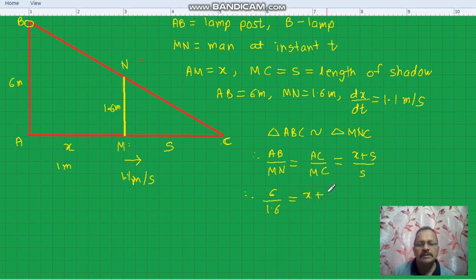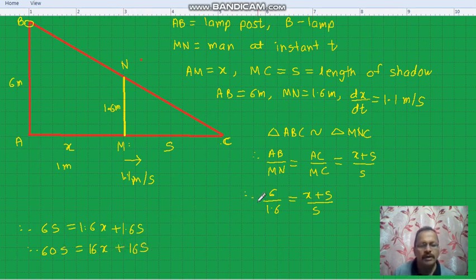x plus S upon S, and therefore 6S is equal to 1.6 x plus 1.6 S, and therefore instead of writing this, I will multiply both sides by 10 to remove this fraction. 60S is equal to 16x plus 16S.